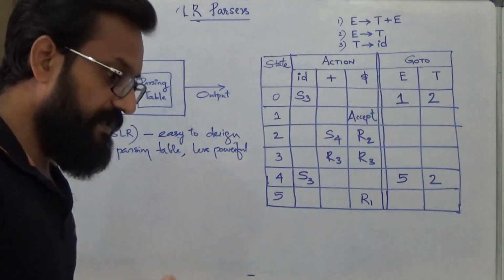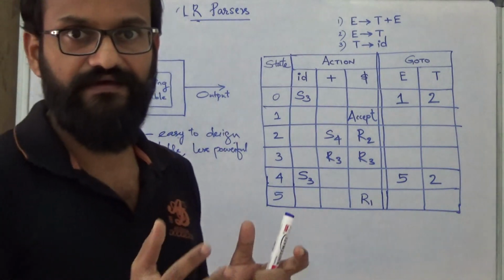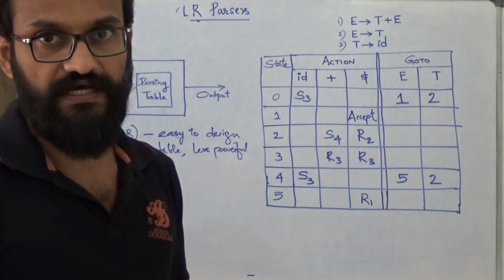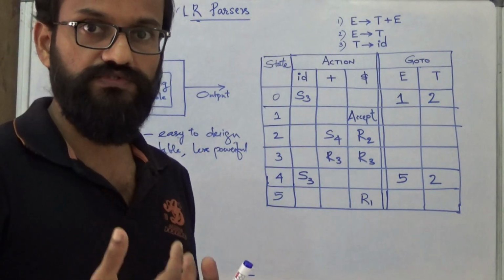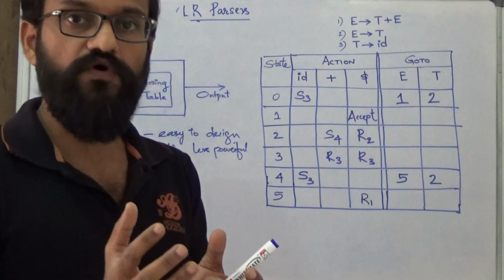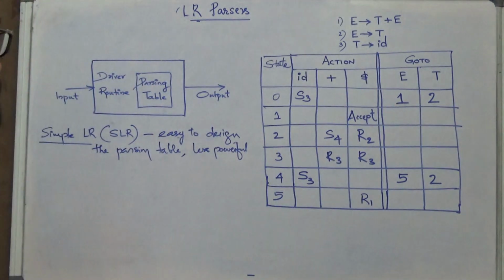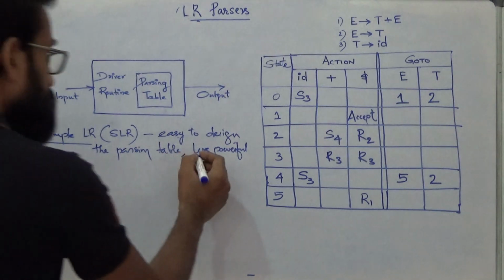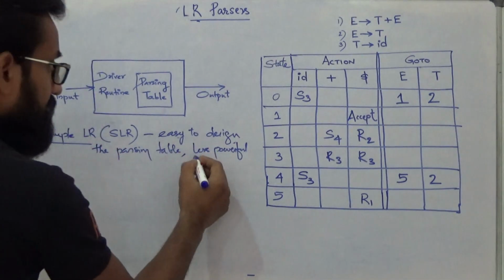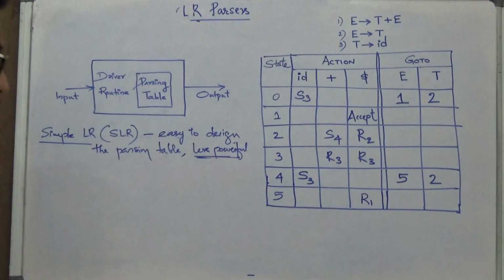The SLR parsing table can be constructed for only a small class of context-free grammars, so it can be used to parse only a small class of programming languages. That is the restriction for simple LR, and the reason for calling it less powerful. But you can easily construct the parsing table.